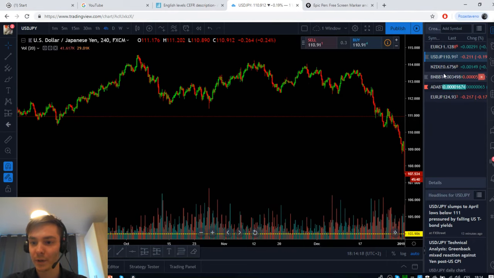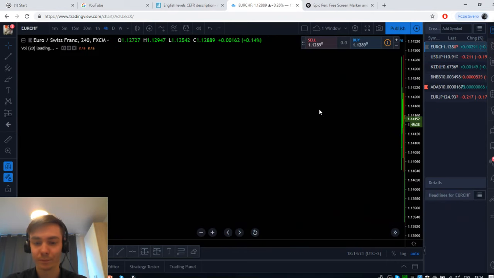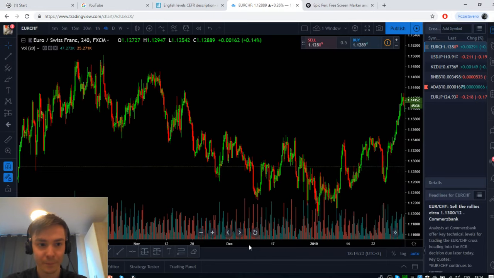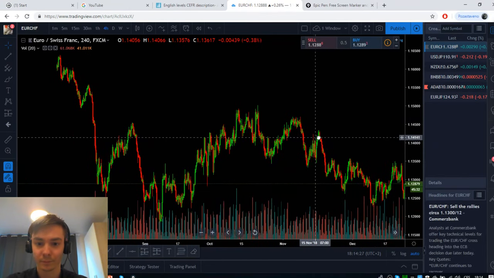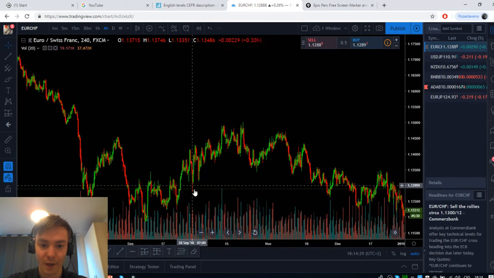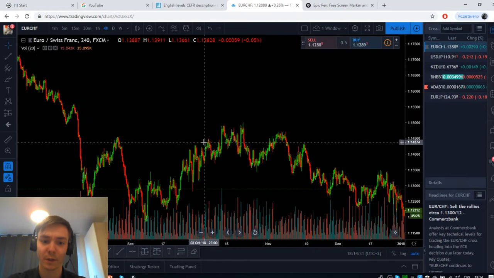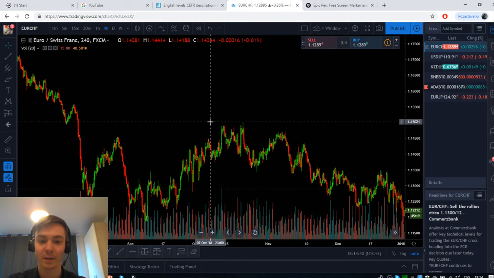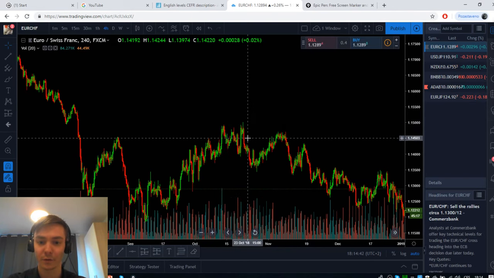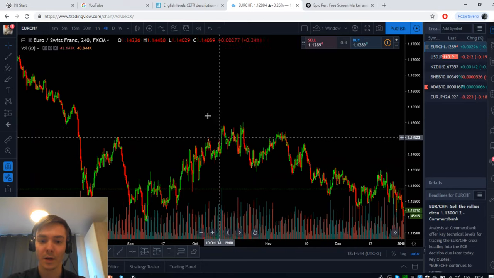We can go to a different market. Let's go to Euro USD. Euro Swiss franc we were talking about. Also, we are turning up. You can see the volatility here, that it is very high volatility, and also the pullback testing here. It seems like stop loss hunting, but in the end, the market changes direction after some volatile structure here.